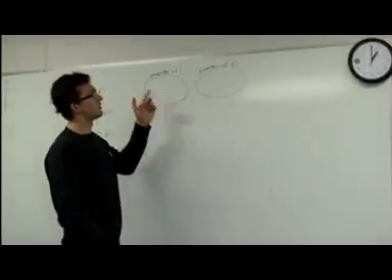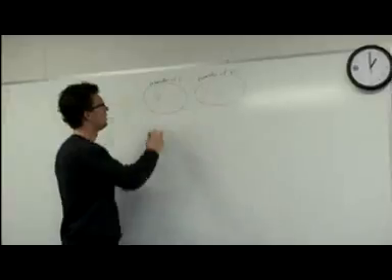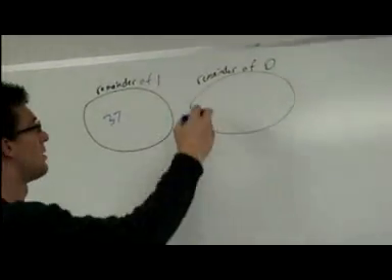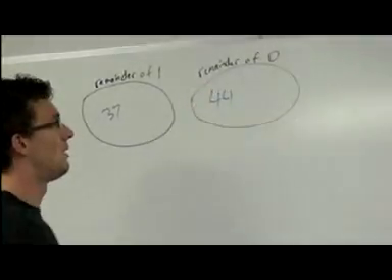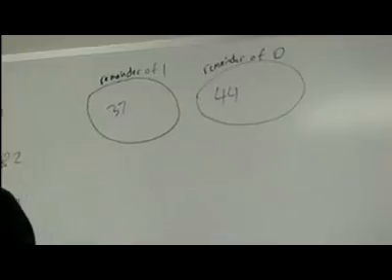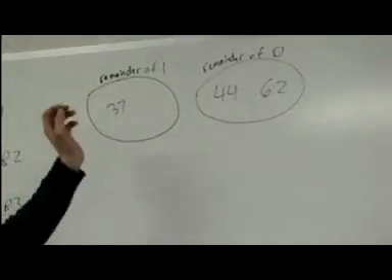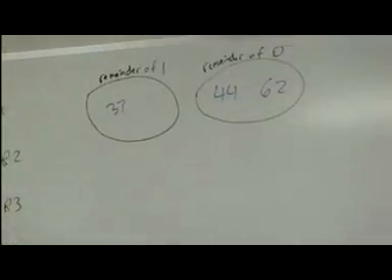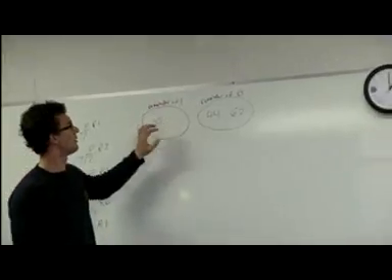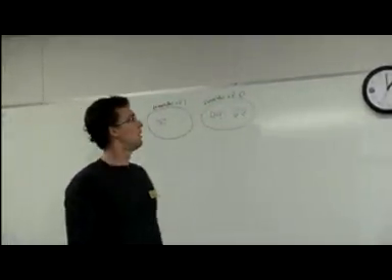We take 37 divided by 2, our remainder is 1. 44 divided by 2 gives us a remainder of 0. And 62 divided by 2 also gives a remainder of 0. If I were to keep on going and giving more examples, it would become obvious that this set of numbers are the odd numbers, this set of numbers are the even numbers.